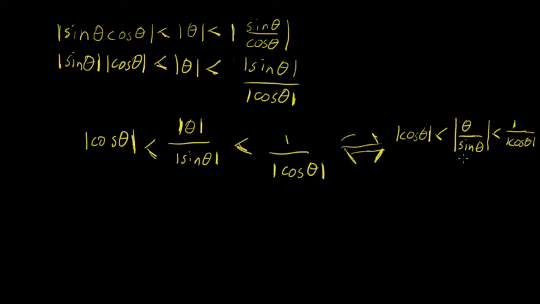So let's say we take the reciprocal of everything. The middle part becomes the absolute value of sine theta over theta. This bit on the right becomes the absolute value of cosine of theta.